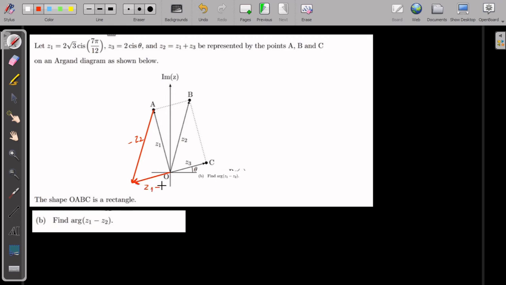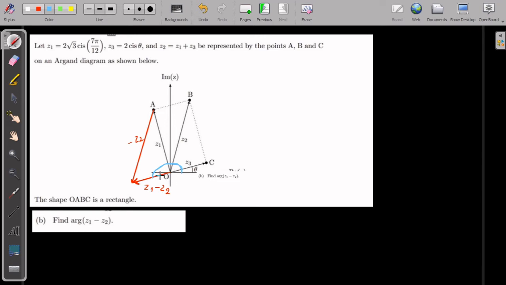And they will ask me how much is this angle, the argument of this. Basically, they ask me how much is the argument from the x-axis moving clockwise.